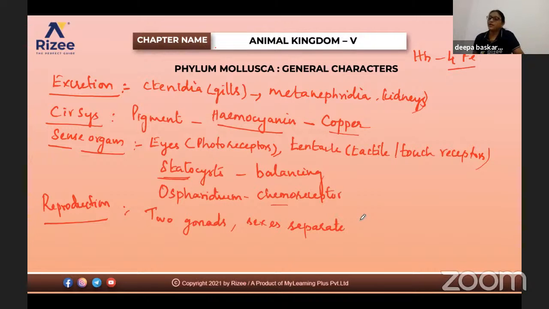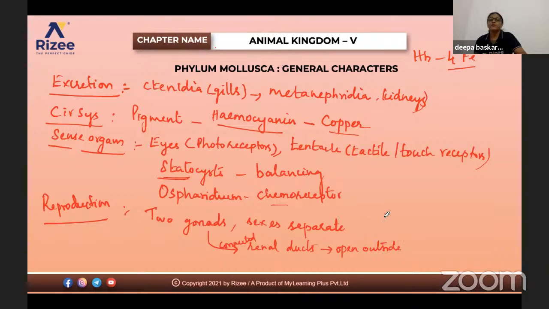The gametes are connected to the renal ducts, which open to the exterior. So the renal ducts are the carriers of gametes.